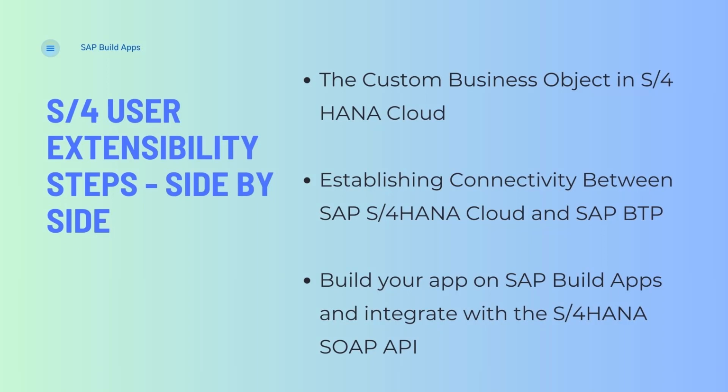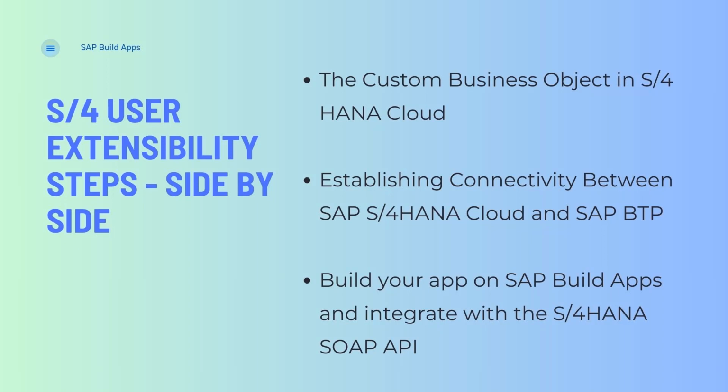So you will have to decide the functionality which you want to extend. Then you will have to establish connectivity between the SAP S4HANA cloud system and the SAP BTP system. And of course, by now you may have your app already ready to go, and now you can integrate the available API from the SAP BTP into your SAP Build Apps application.